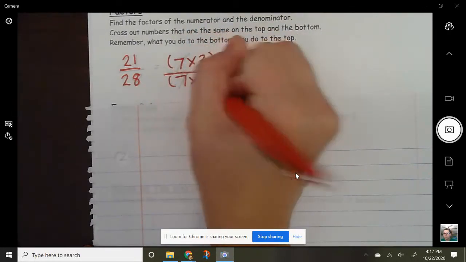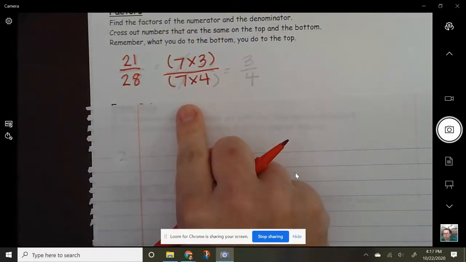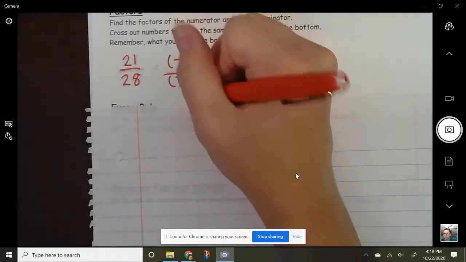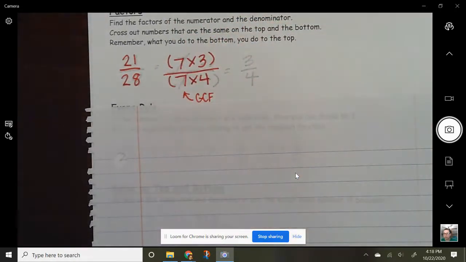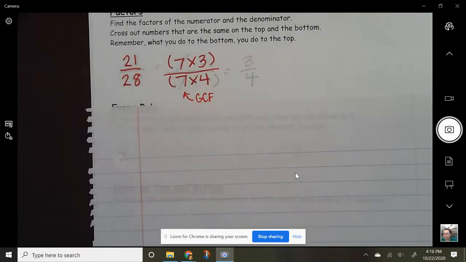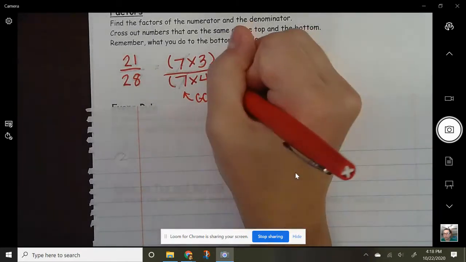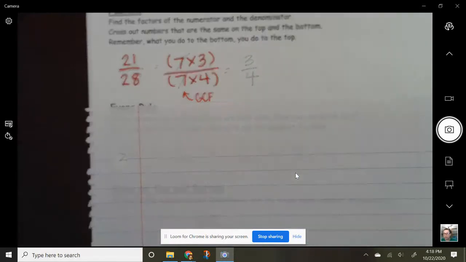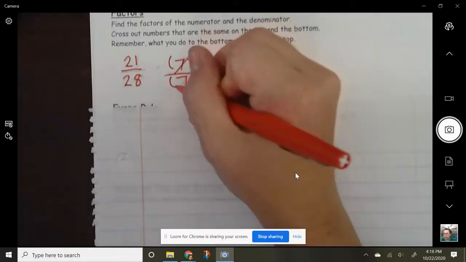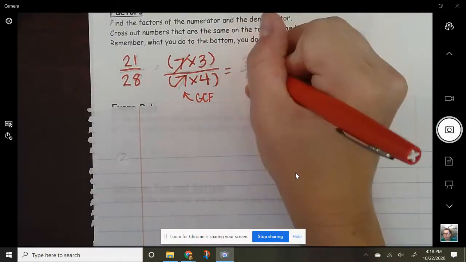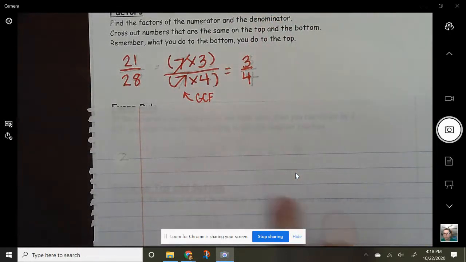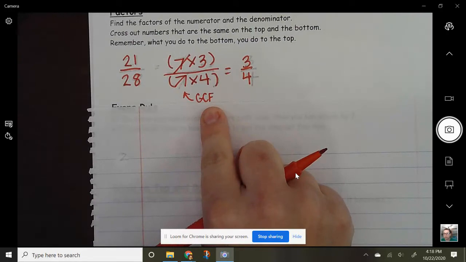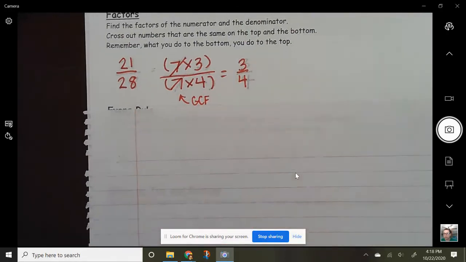I do find that sometimes if you write that GCF first, it makes it in my brain a little easier for some reason. I don't know why. That's just me. So I found the GCF. I can cross those out. And what I'm left with is 3/4. That is your go-to. If you use the correct GCF, you will not have to do any more.